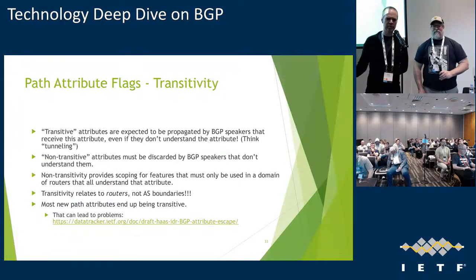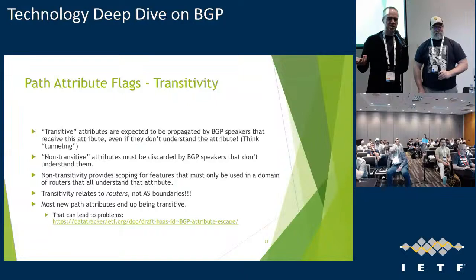If a path attribute is non-transitive, that means that the router that receives it had better be able to decode it and understand it. And if it does, then it'll do whatever the specification says it's supposed to do, including, by the way, transiting it. But that's semantically regenerating the attribute, not passing it through.